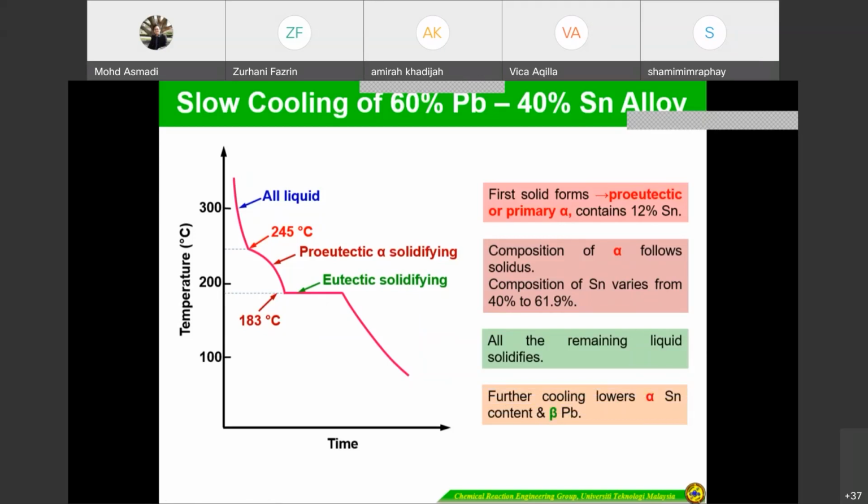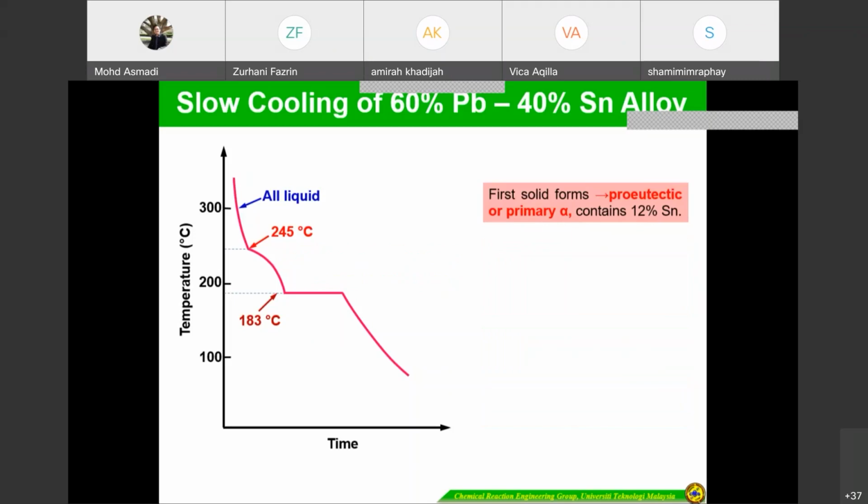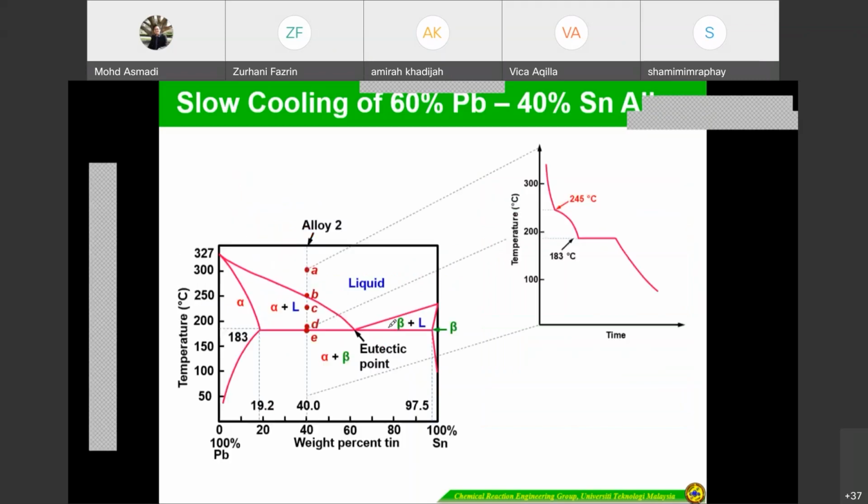Let's see how we cool at the hypoeutectic composition. Hypo is the left side. If we divide the eutectic point, this side is hypo, and the right side we call hypereutectic.